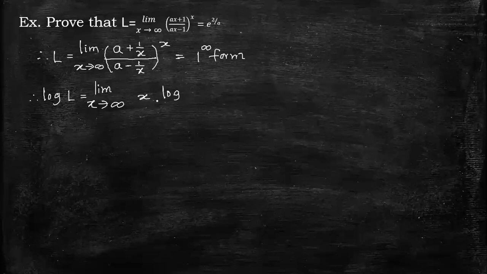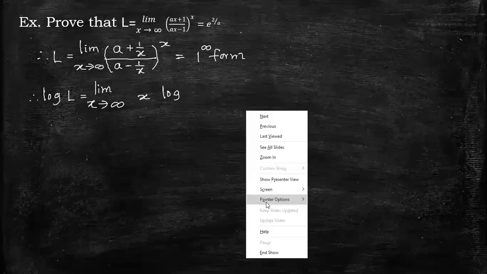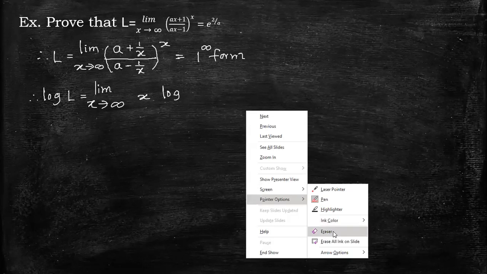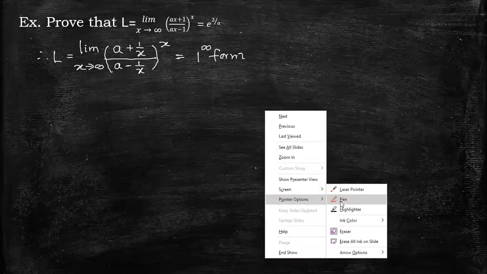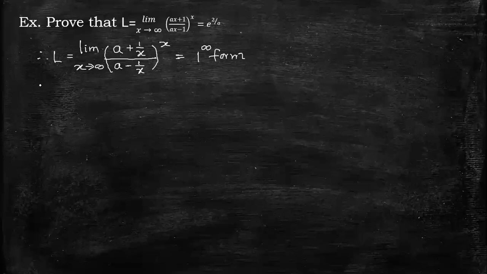a to the power x. So just excuse me, I will try to simplify as I had done. I will be converting it into a simpler one by putting y.